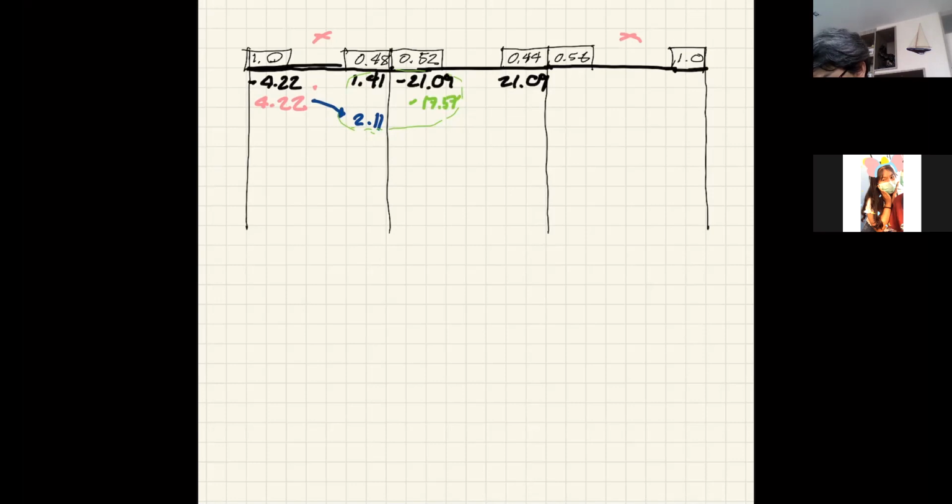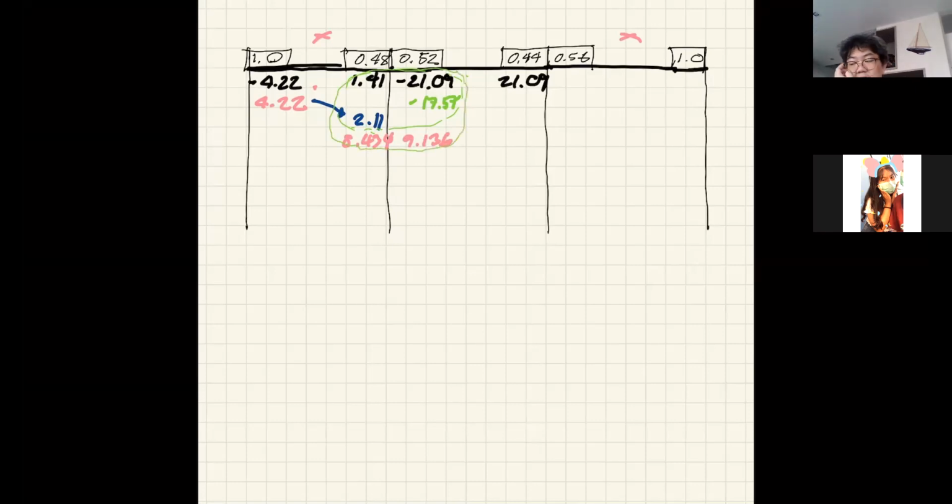So that means your balance moment will be equal to 17.57 multiplied by 0.48 on the left. This is equal to 8.434, and on the right it's 9.136. So this whole cycle is the end of your first cycle.